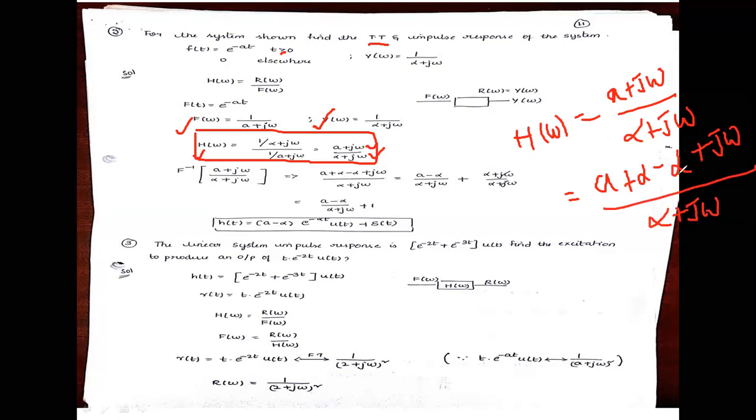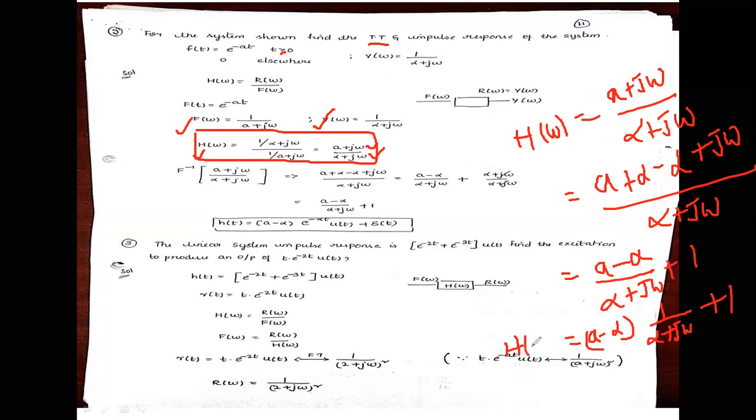So adding alpha and subtracting alpha, we get a minus alpha by alpha plus j omega, plus alpha plus j omega by alpha plus j omega, which is 1. Here a minus alpha is a constant.